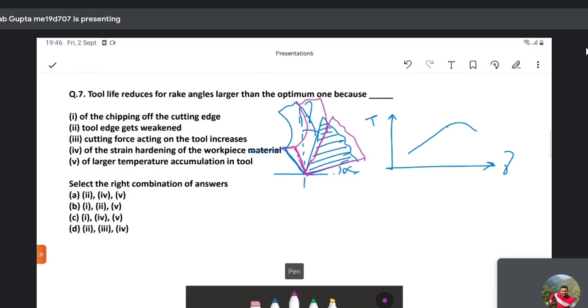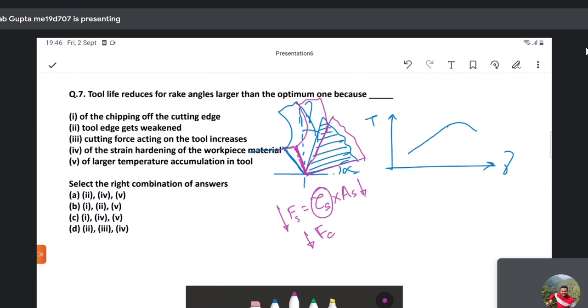Due to this reduction in shear length, the shear area is also getting reduced. And we know that the cutting force, or the shear force, is tau s into A s. Since A s is getting reduced, this F s is also reduced for a given shear strength of a given material. As a result, the cutting force is also reduced.